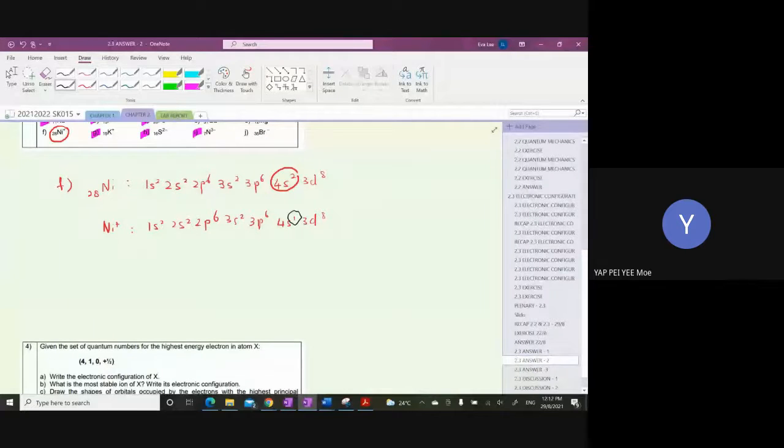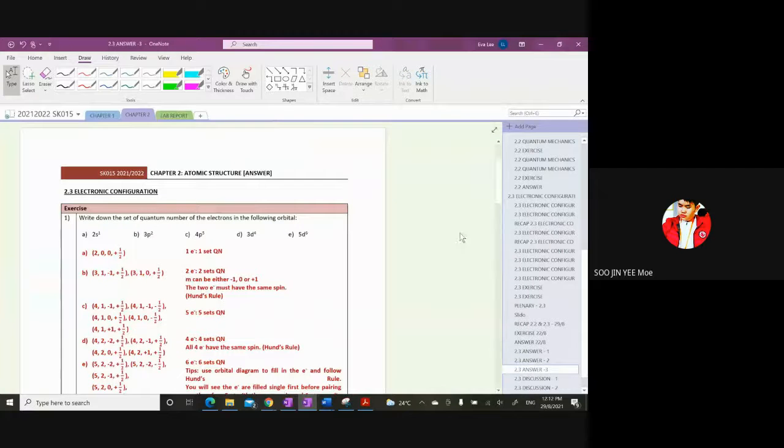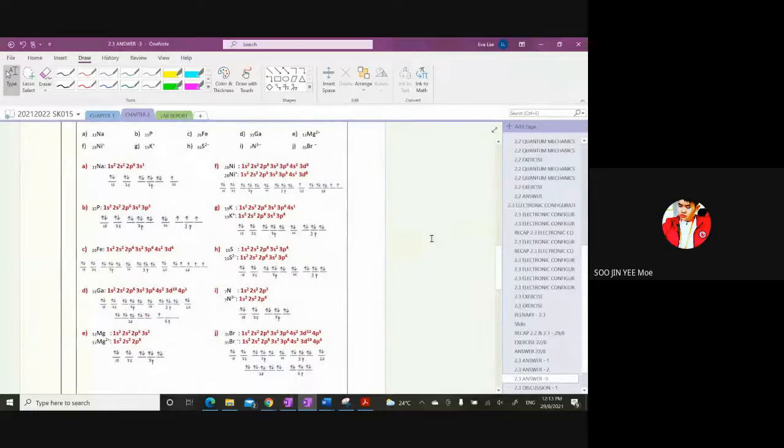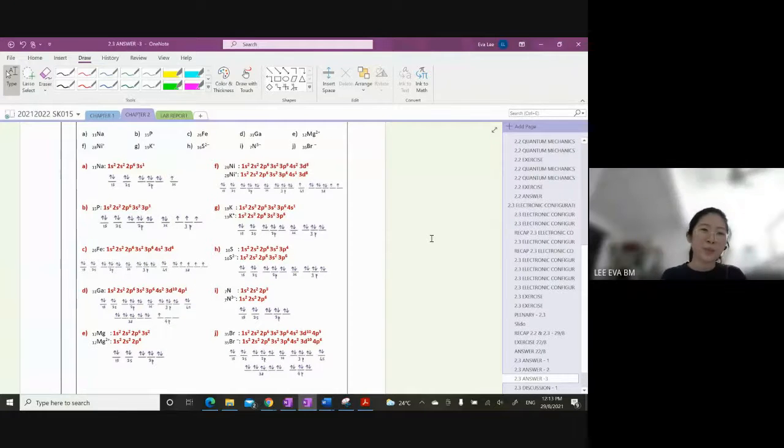Okay, thank you, madam. Madam, one more question. No matter if we have 1 or 10 electrons on the 3D subshell, we still remove the electrons from the 4S orbital first? Yes, 4S first before 3D.